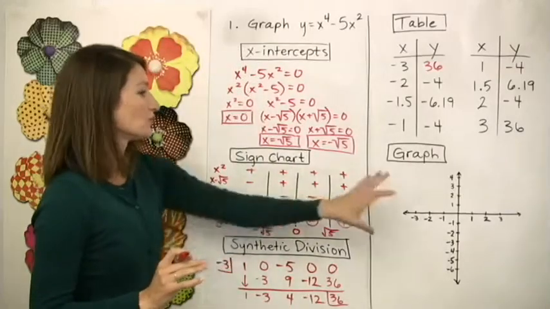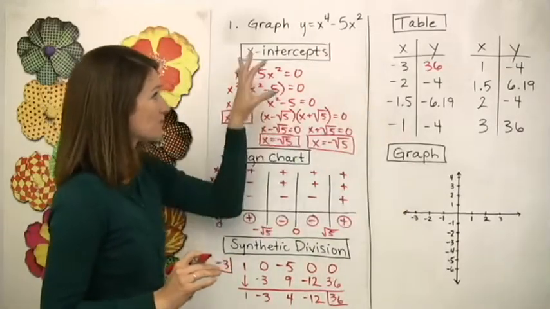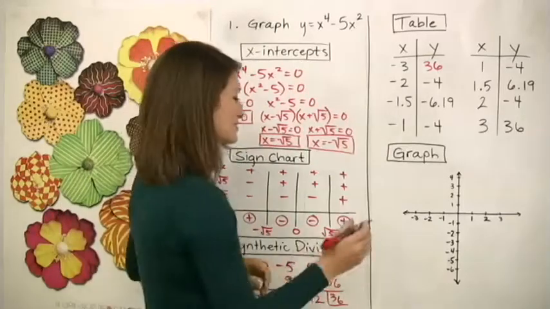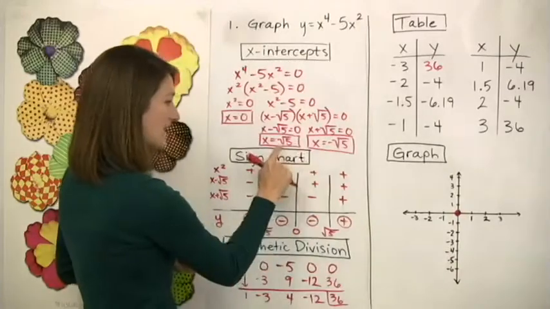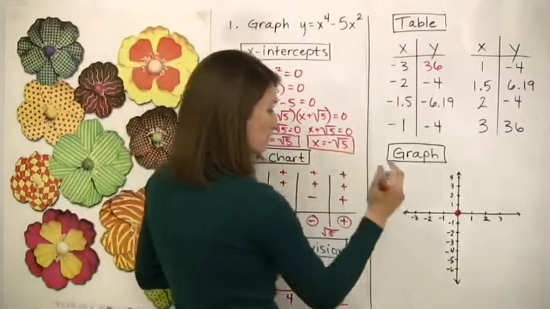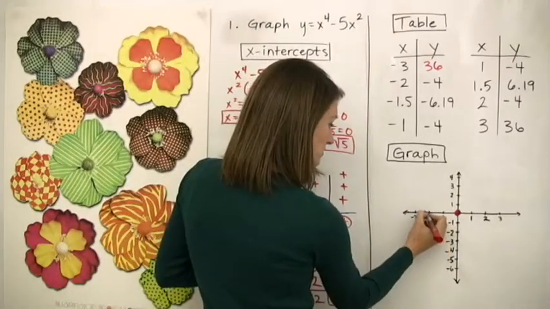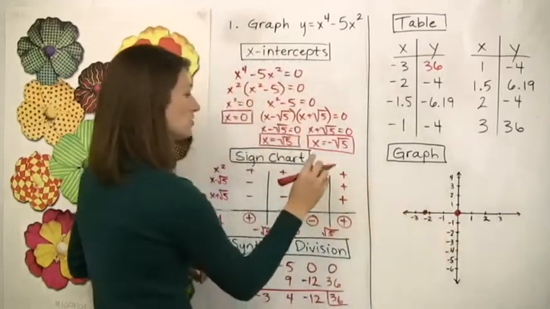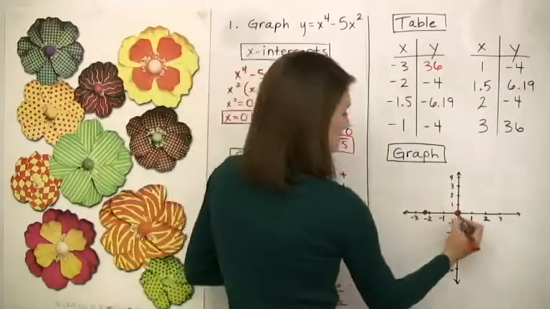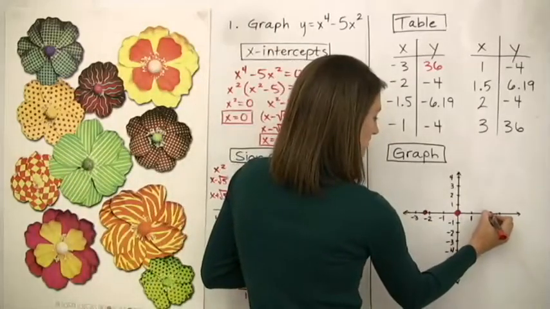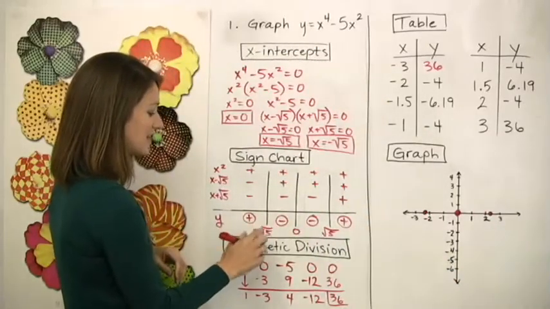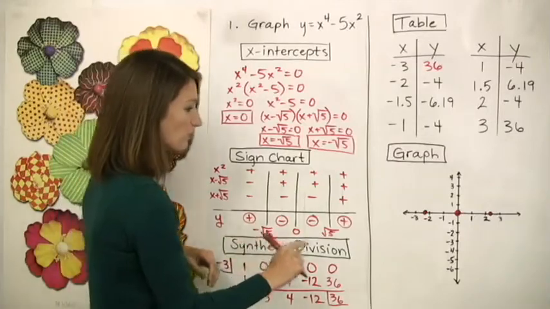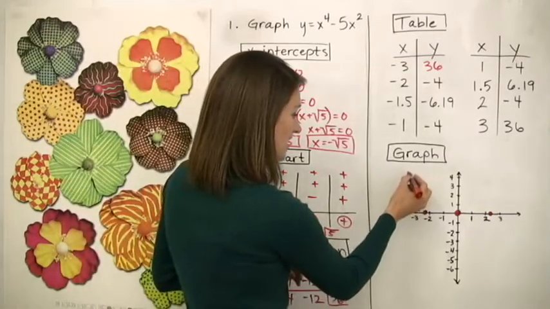So let's start to graph this function here using our x-intercepts. So we know that it's going to cross at 0, 0. We know it's going to cross at -5 and 0, which is approximately here. And it's going to cross at √5, 0, which is approximately here. So looking at our sign chart, we know that everything that's less than -√5 is going to be above the x-axis.